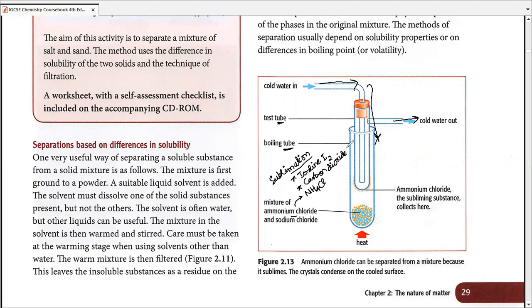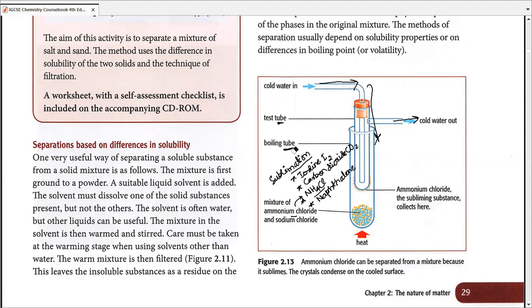We also called it dry ice, right? The next one on the list was ammonium chloride, and the last one was naphthalene. These are the four examples that are scattered in different parts of the book for sublimation, and these are all four examples that we cater in your course. That's about it.